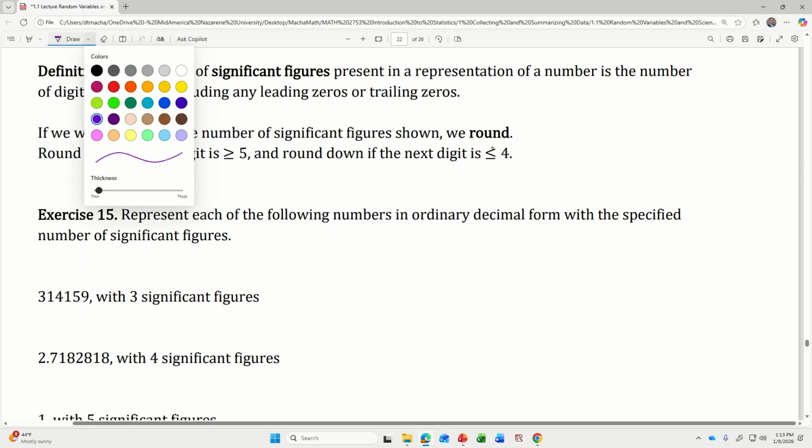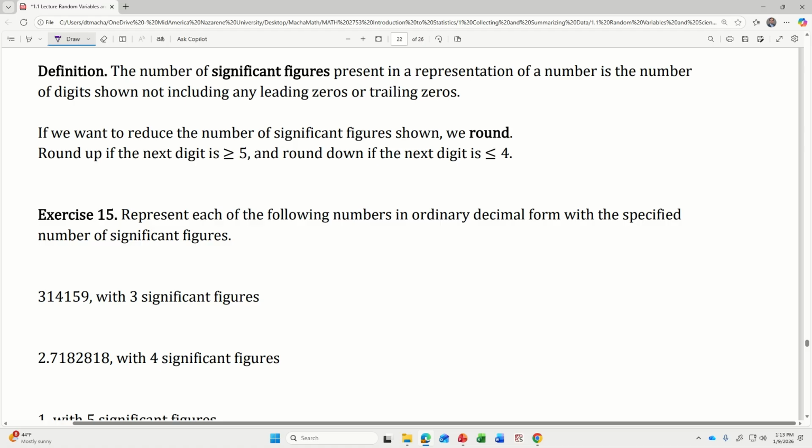And there's all sorts of exceptions to this rule. So we're going to go over a bunch of examples too, just so it's super clear. If you want to reduce the number of significant figures, you round. Rounding means you go up if the next number is greater than or equal to 5. You round down if the next digit is less than or equal to 4.